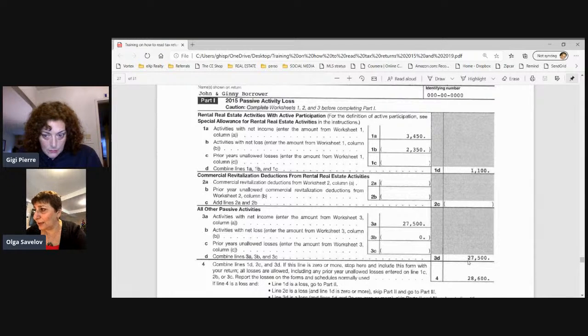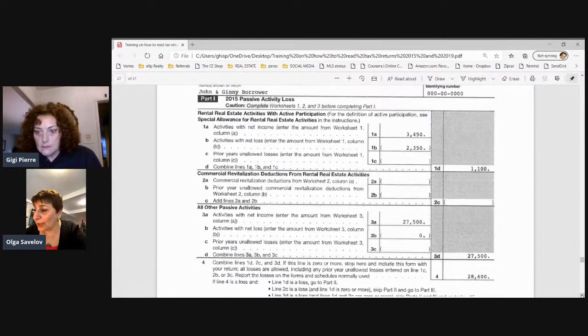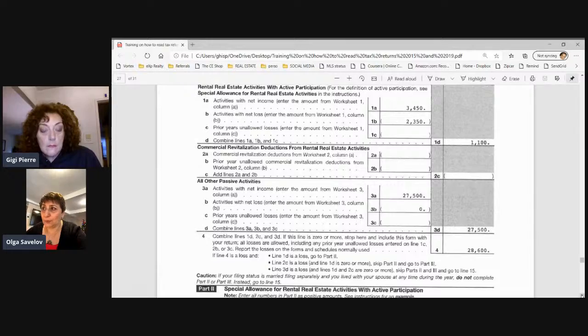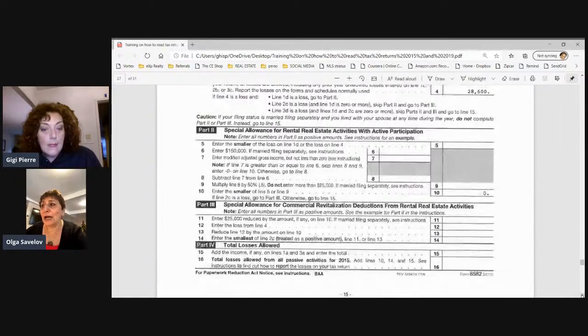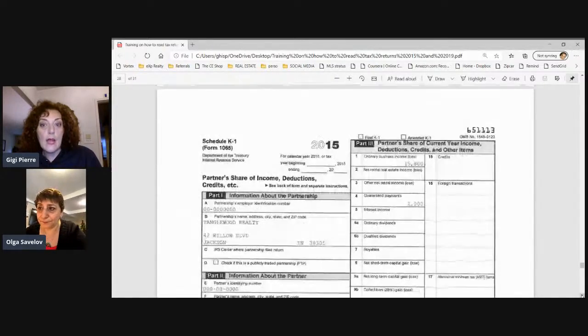So you have 27,500, and then reported losses on income. That was the combined losses between the IBM and the other business losses. Correct. Plus, you're going to have combined income. Then you're going to go down to page 28, and that's how a K1 looks.